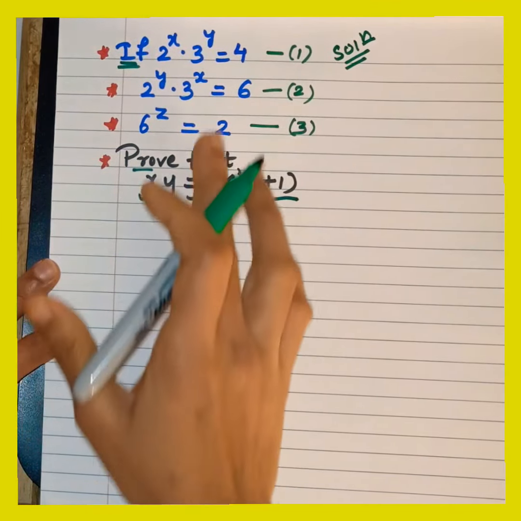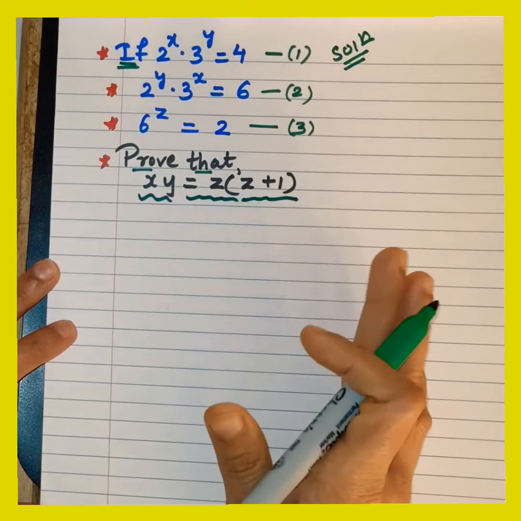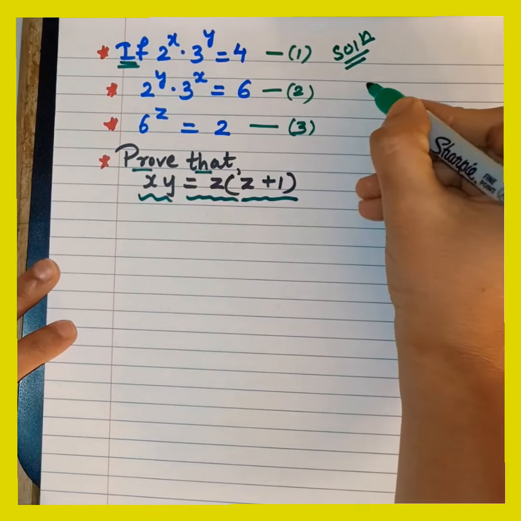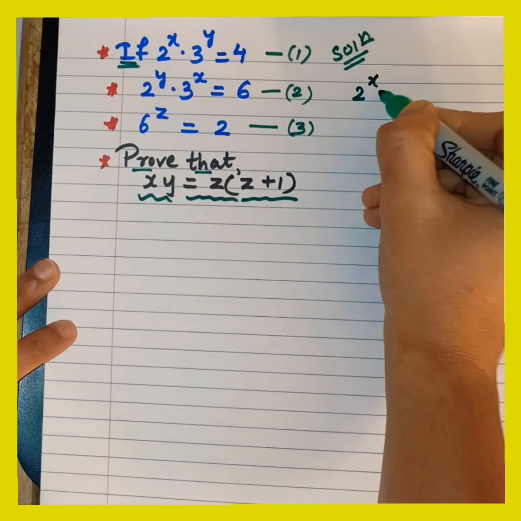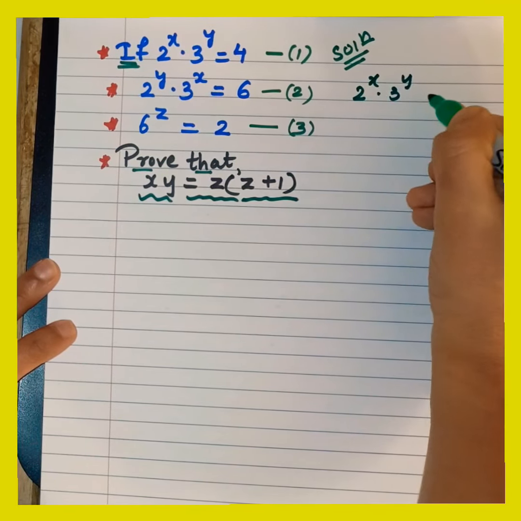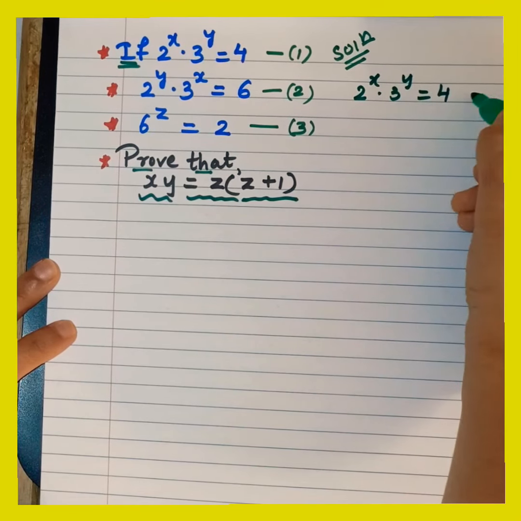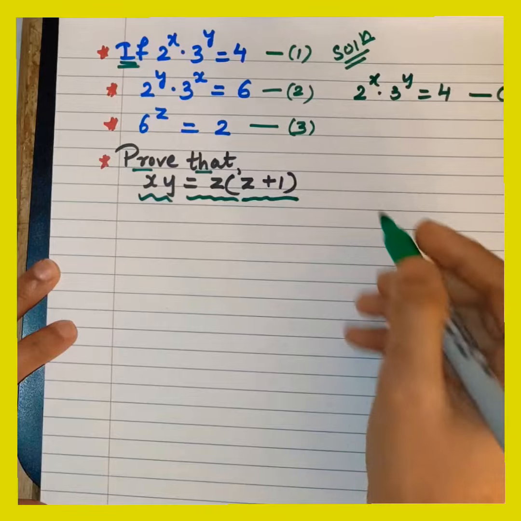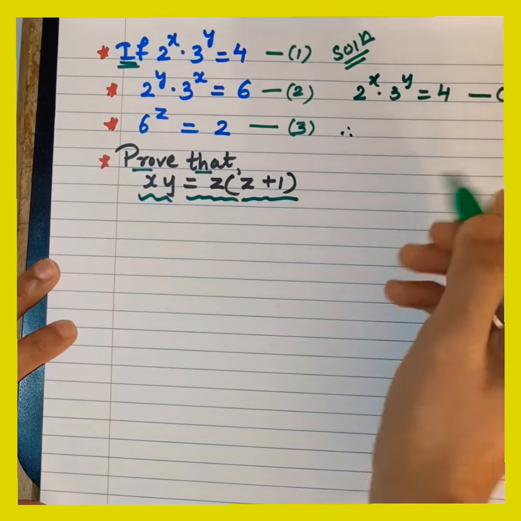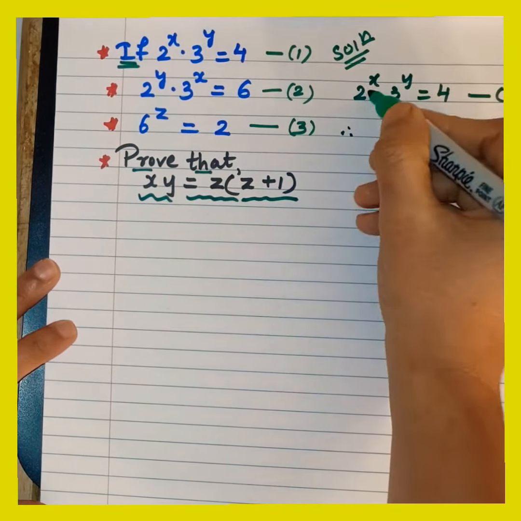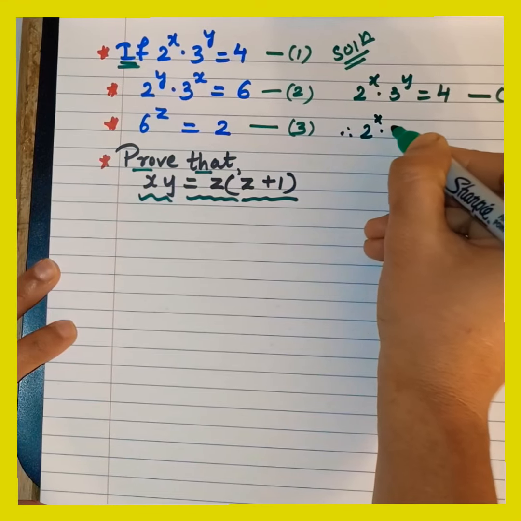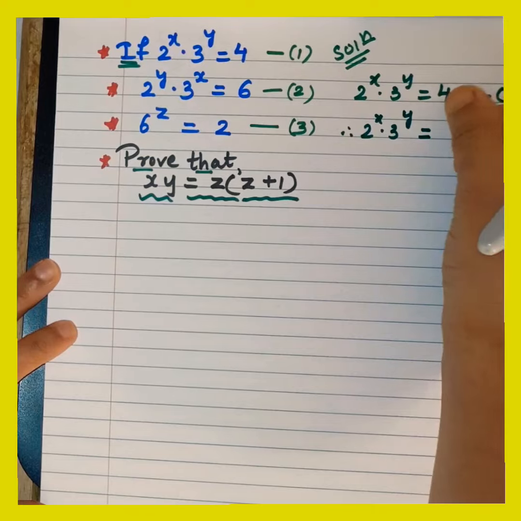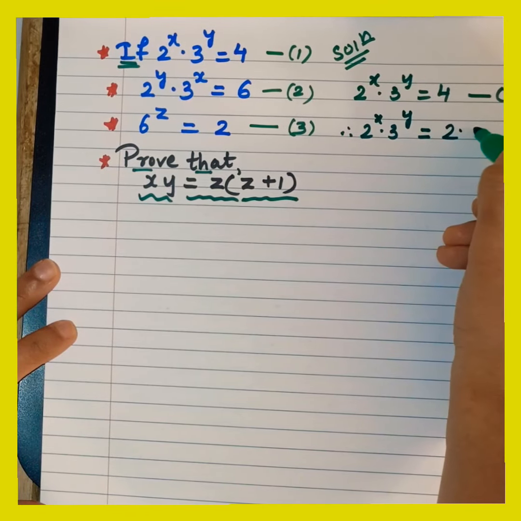So first of all, as you can see, three equations are given to us. First of all, we are going to use the first equation: 2^x · 3^y = 4. So this is our first equation and this we are going to use. Now if you see this carefully, 2^x · 3^y I am keeping as it is, and on this side in place of 4 I am writing 2 into 2.